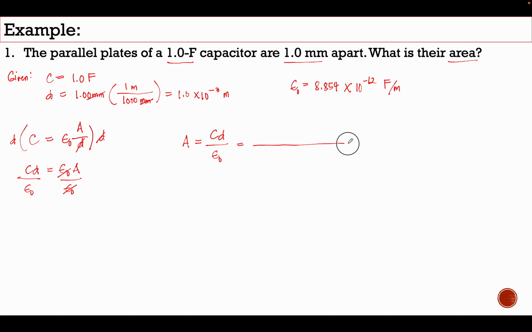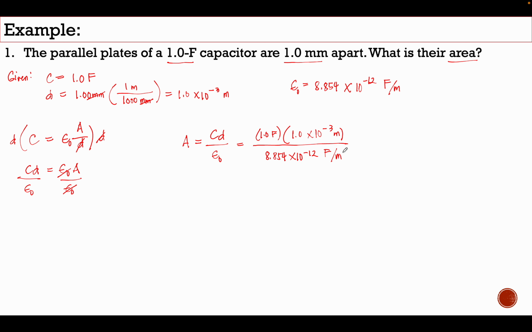Okay, so we have here C is 1 farad times the distance, which is 1 times 10 to the power of negative 3 meter, divided by the epsilon naught, which is 8.854 times 10 to the power of negative 12 farads per meter.